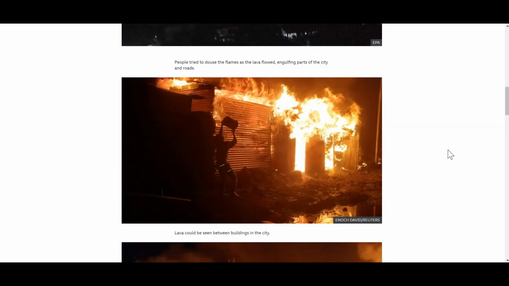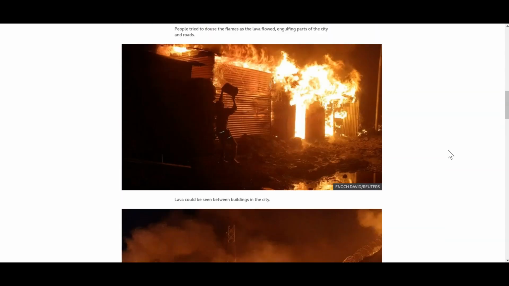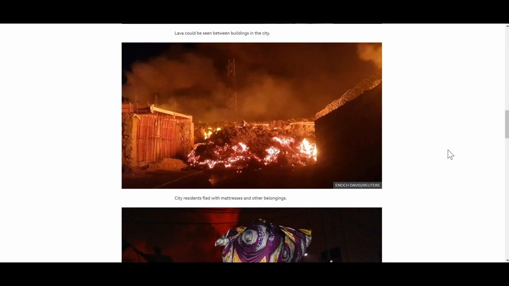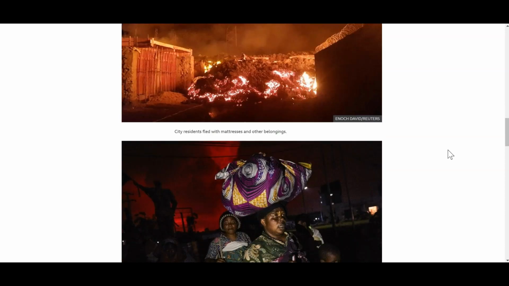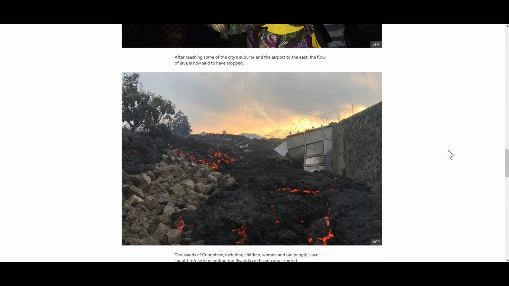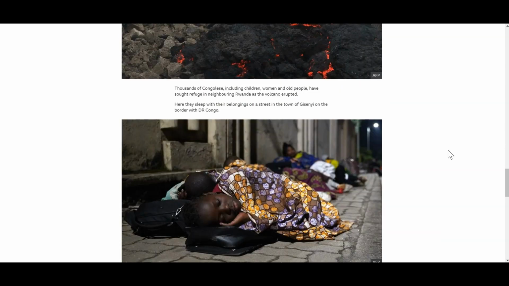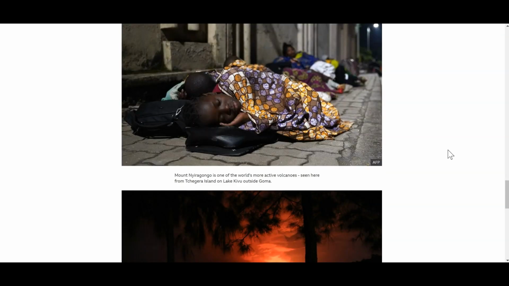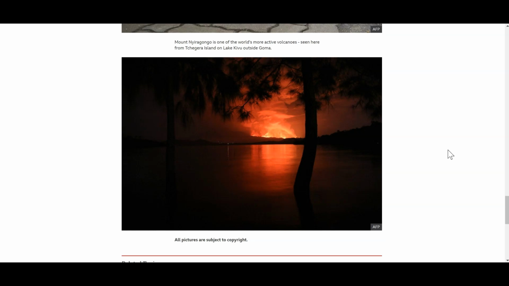People battling in vain to try to put out the fires caused by the lava flow, and the lava's slow but relentless creep towards the city. And as a result of that, people having to flee for their lives, flee with whatever belongings they could bring with them, and ending up sleeping in the streets with whatever belongings they have carried with them because of the dangers that are resulting from that.